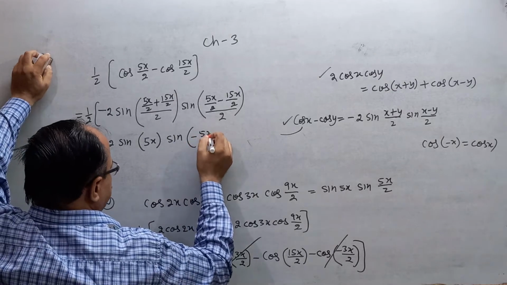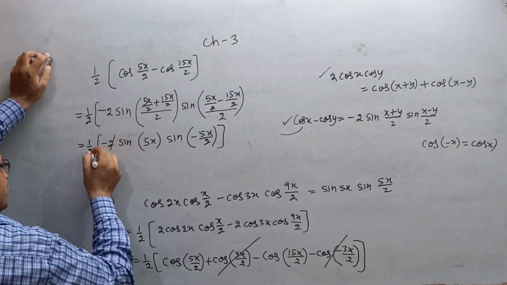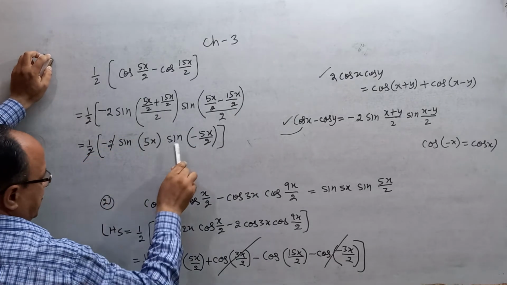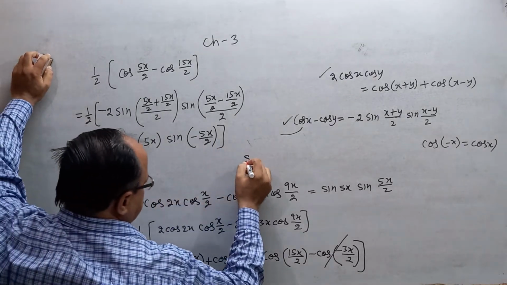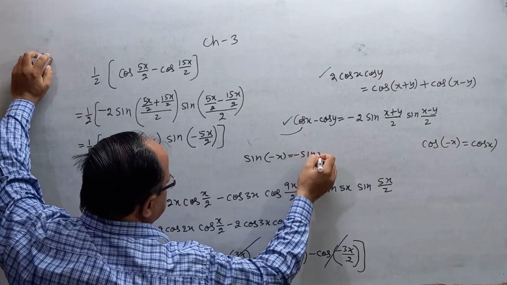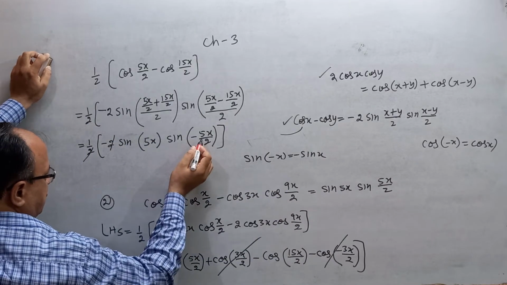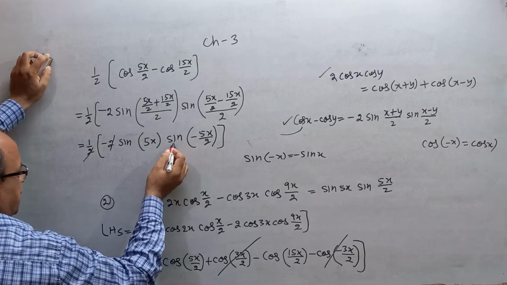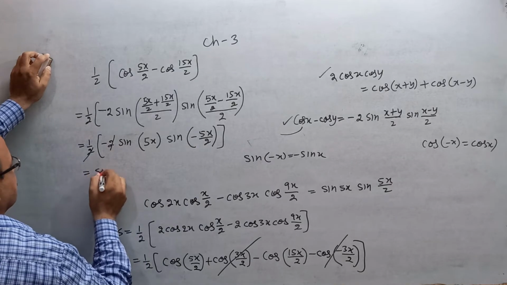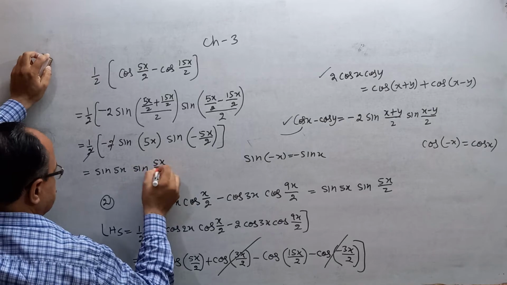That is minus 5x by 2. And 2 and 2 cancel. And you know very well sin of minus x, formula sin of minus x is minus sin x. So apply this formula here. You can write minus sin 5x by 2. The minus into minus is plus. That is sin 5x by 2.